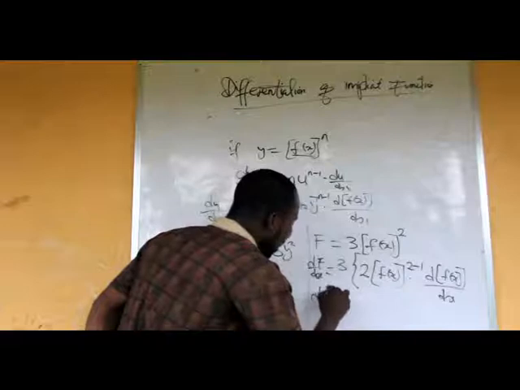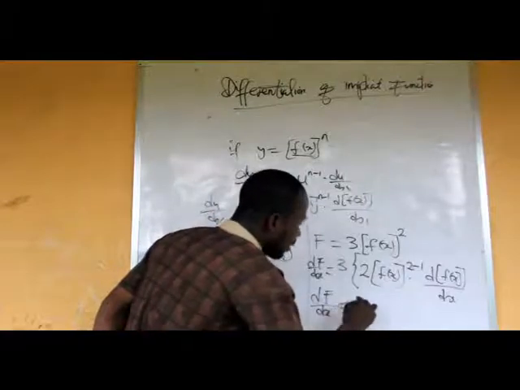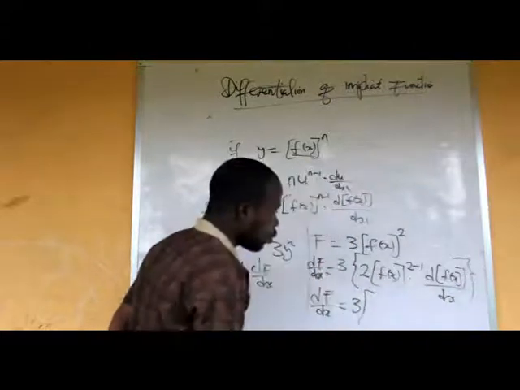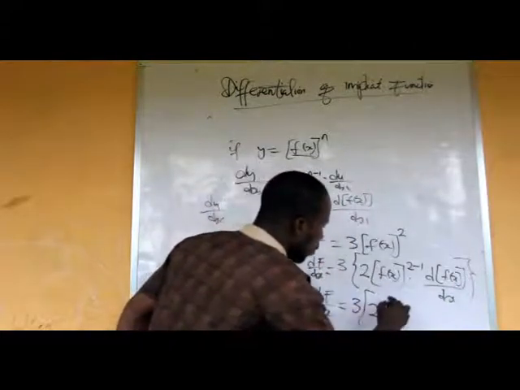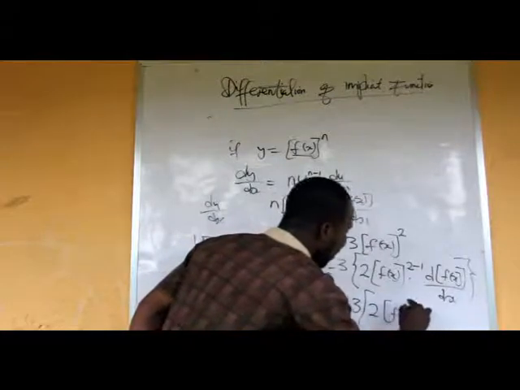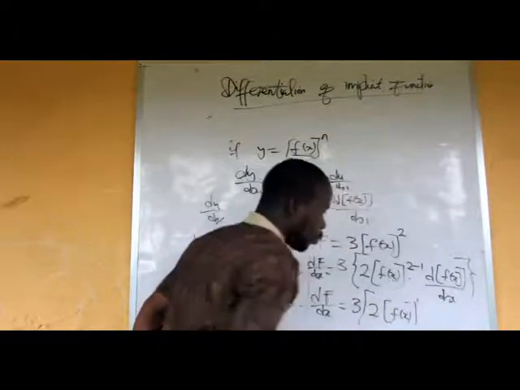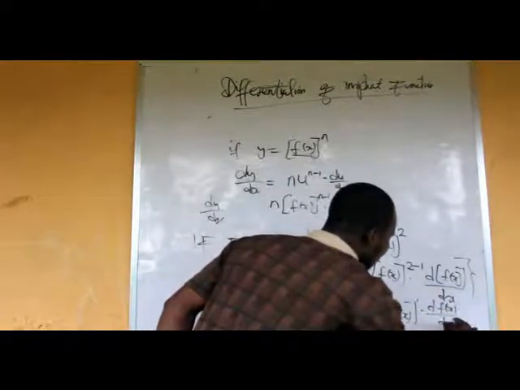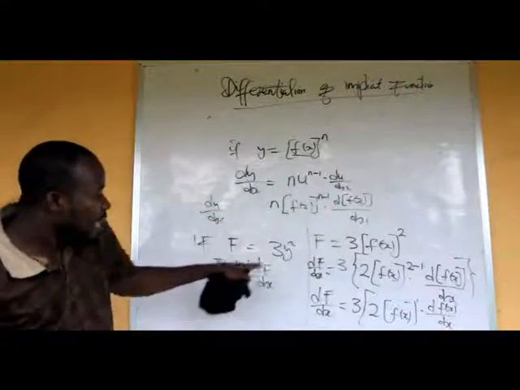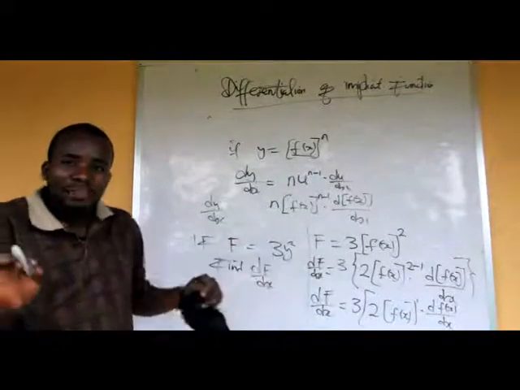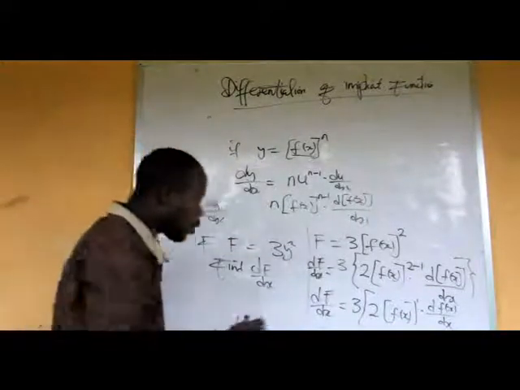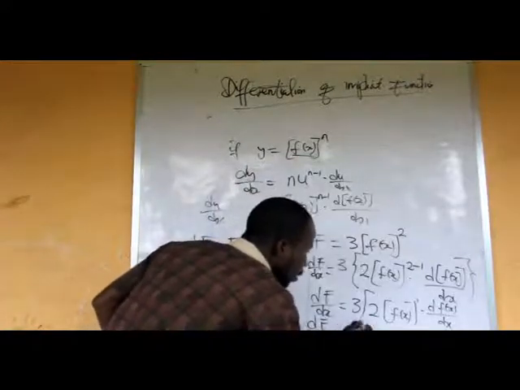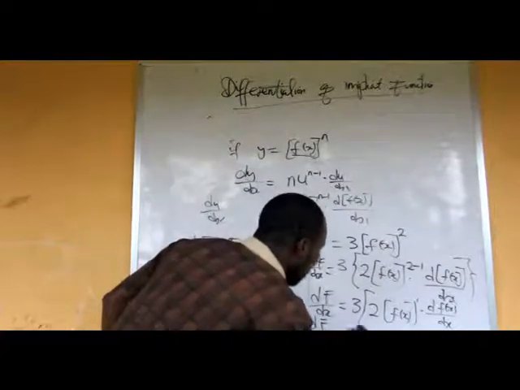We now have that our df over dx will be 3 into 2 into f of x raised to power 2 minus 1, which is 1, then dot df of x over dx. Remember, since our f of x was y, we replace f of x by y. I will now have that df over dx is equal to 3 times 2, which will give us 6.